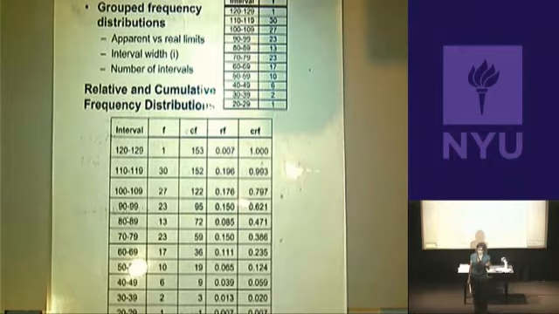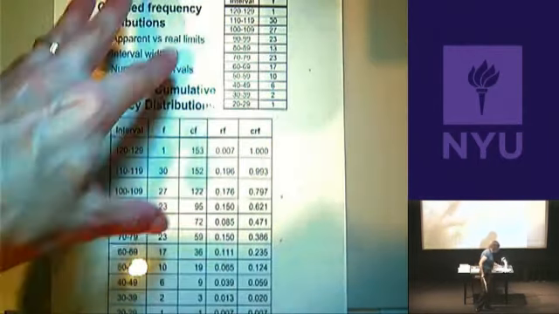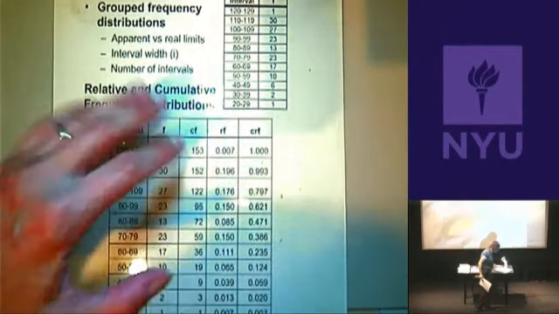So our interval width is 10. Now, you have to set it up so that your intervals don't overlap and there are no gaps between the intervals. And so how do we do this? Well, first of all, we now have to figure out how many intervals we need.